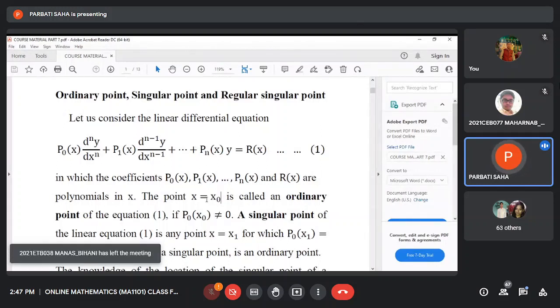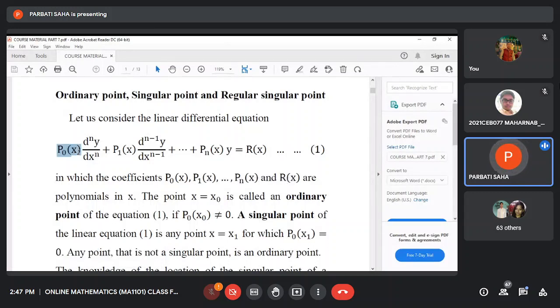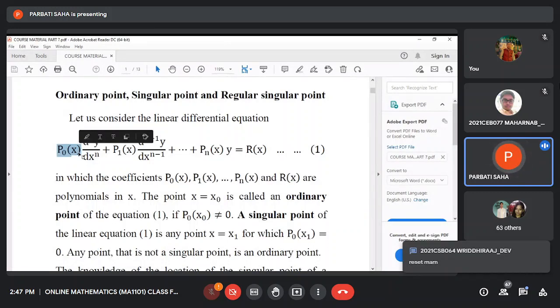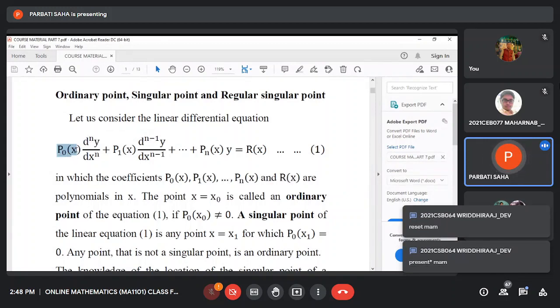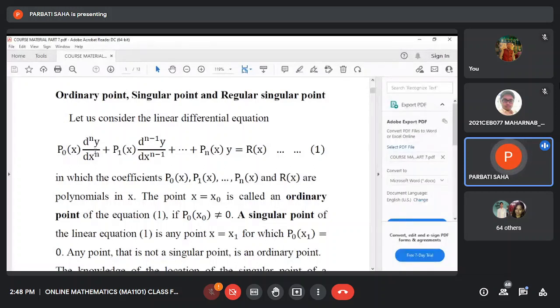This coefficient is actually the coefficient of the highest order derivative involved in the differential equation. Since the highest order derivative here is nth order, its coefficient is P0x. If this coefficient becomes non-zero at some point x equals x0, then it is called an ordinary point.